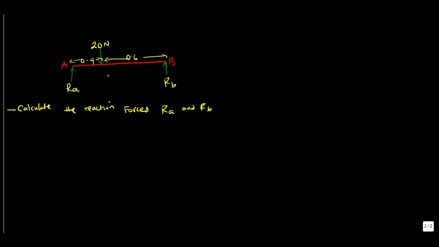And here we have a simply supported beam, and you have an applied force of 20 Newton acting 0.4 meters from A, and two reaction forces at RA and RB. Now the question is to calculate the reaction forces RA and RB.